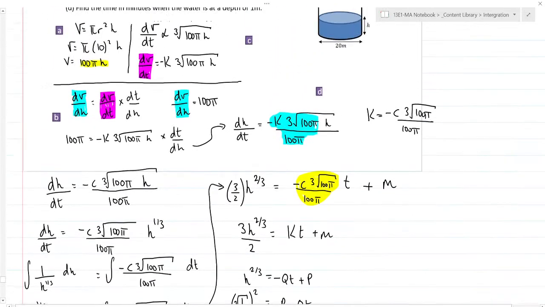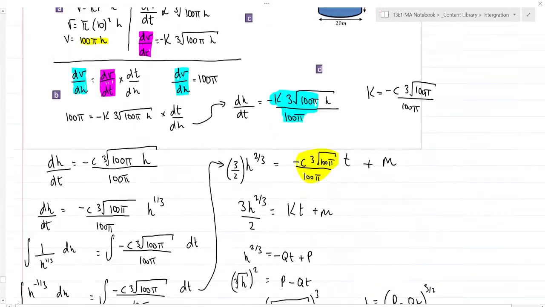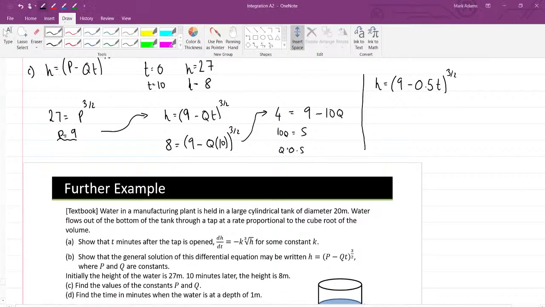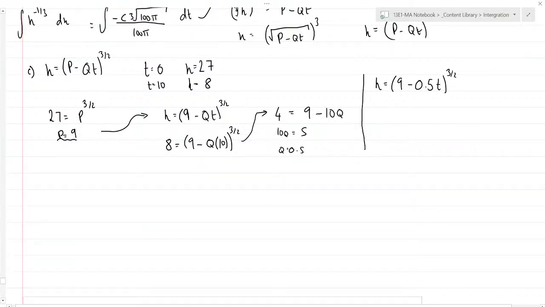And then the last part, part D, find the time in minutes when the depth is equal to 1 meter. So all we're doing now, the last little part, is we sub in 1 into this. So D, find when h is equal to 1. So then we go 1 is equal to 9 minus 0.5t all to the power of 3 over 2.